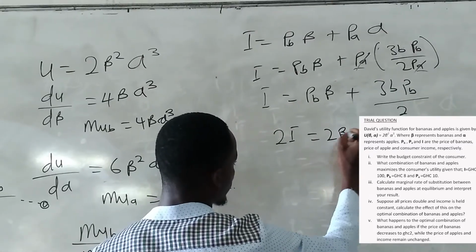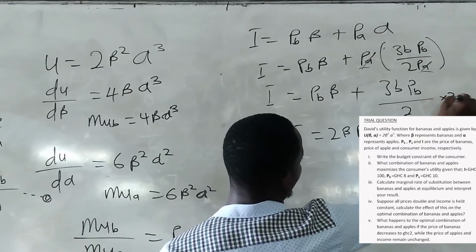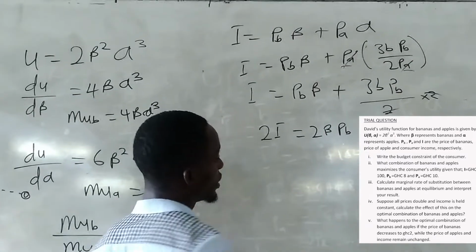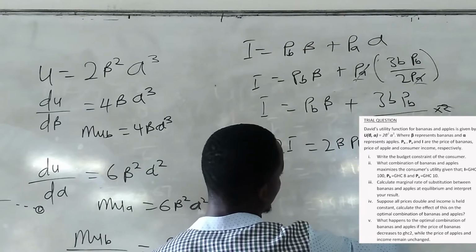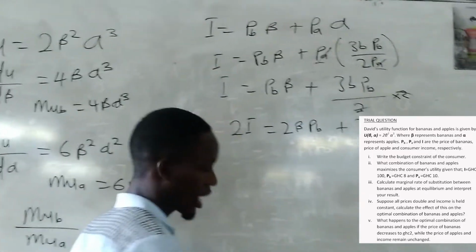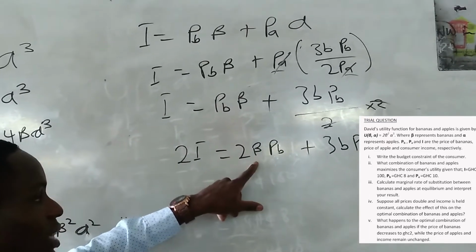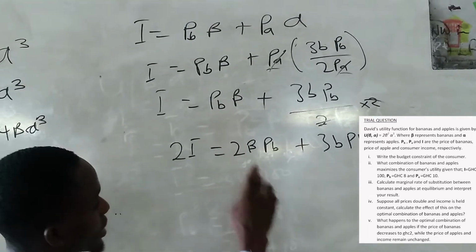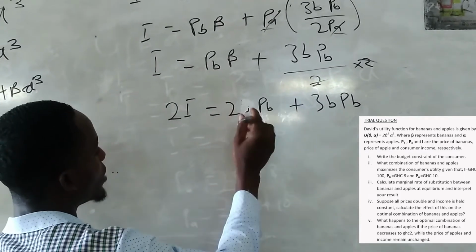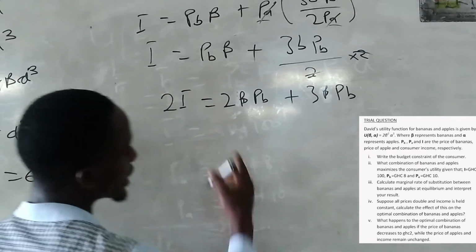So if I substitute 1, I would have my income equals price of beta times beta plus price of alpha times alpha. Wherever I see alpha, I'll substitute everything here into my budget constraint. So I open the big bracket and put 3 beta price of beta all over 2 price of alpha, and I close it.